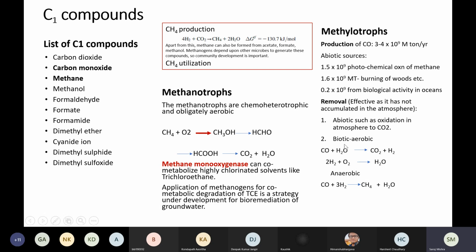Or there can be biotic routes, in which life forms are involved, which can be either aerobic or anaerobic. Under aerobic routes, carbon monoxide combines with water and carbon dioxide is made, and hydrogen is released. Under anaerobic processes, carbon monoxide is reduced to methane.